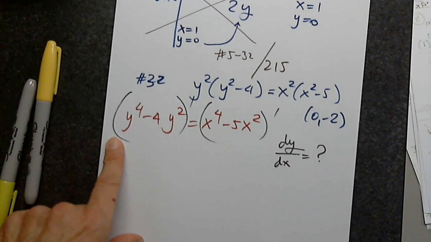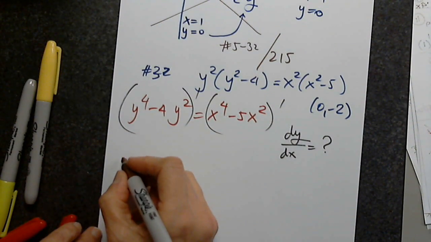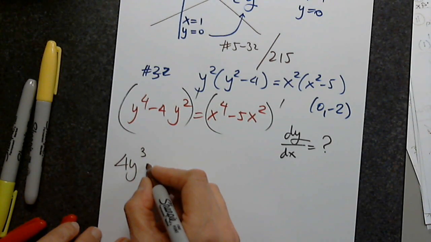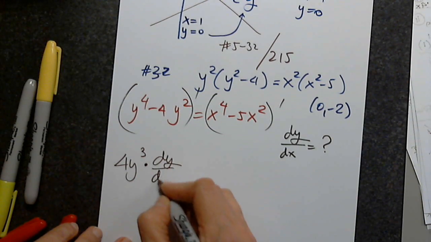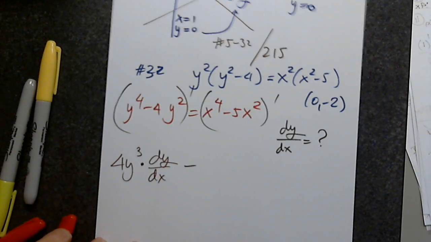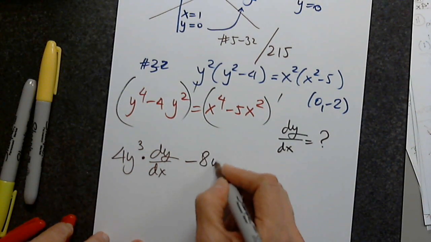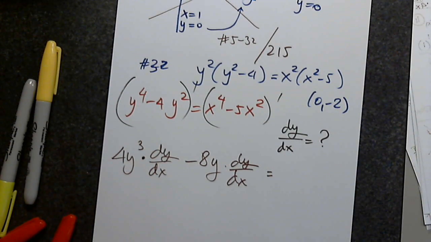So what do I get on the left-hand side? 4y cubed times dy over dx, minus. Awesome. Now the other side is nice.